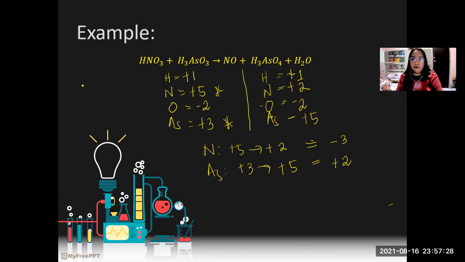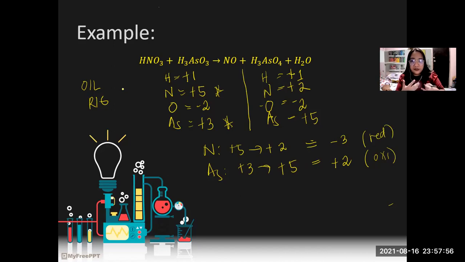So going back to our OIL RIG definition, oxidation is loss. So what happened here, positive 3 to positive 5. This is our oxidation. This is our reduction. Why is that? Okay, oxidation is loss, meaning there is a positive change.